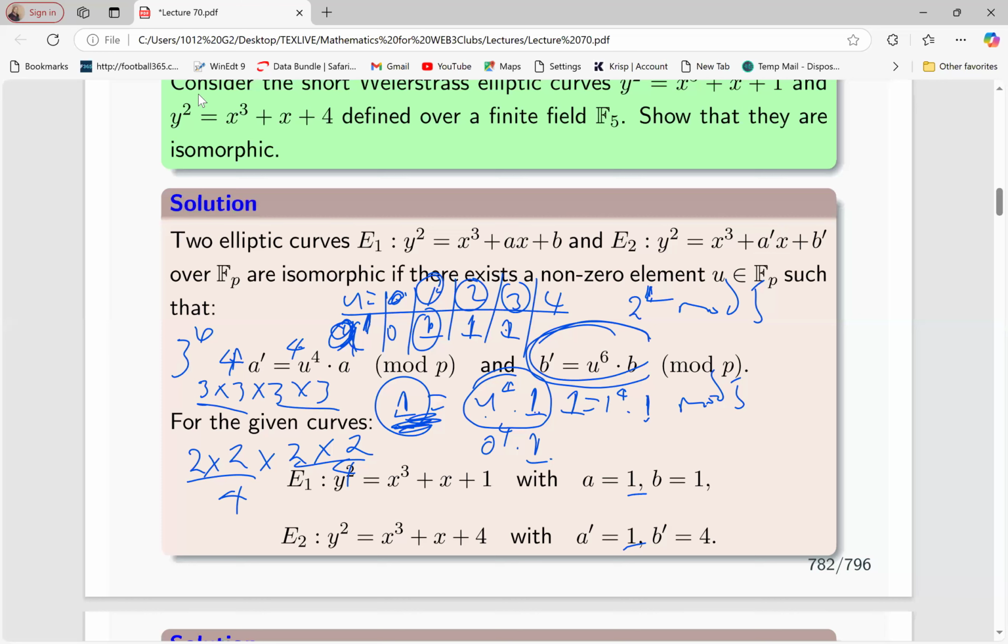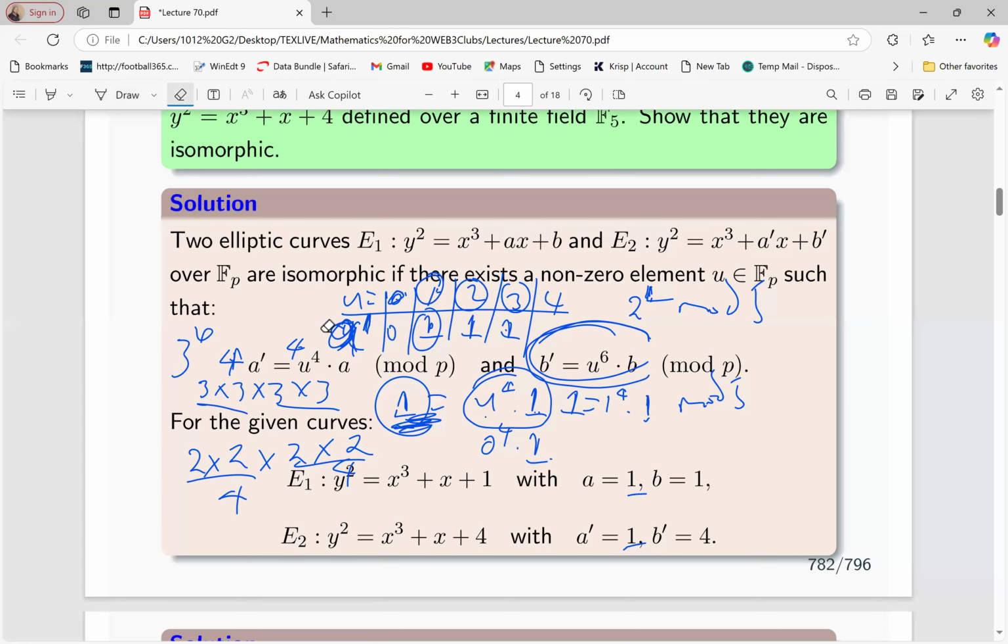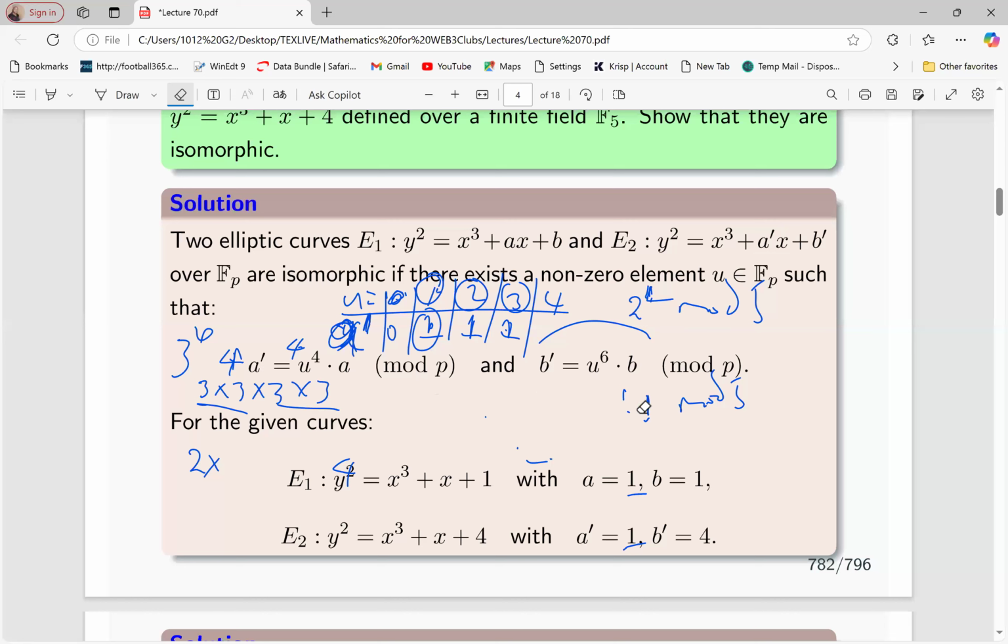So let's try for B prime and see. Just using trial and error. And of course, when you do the code, that is the method it will be using. Now again, our u is 0, 1, 2, 3, then 4, and this time we're finding B prime.